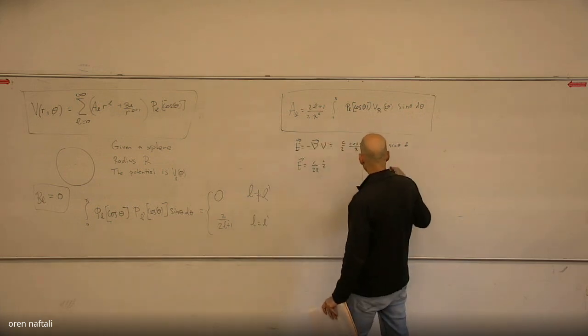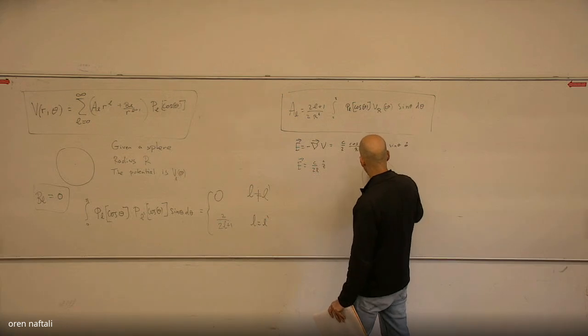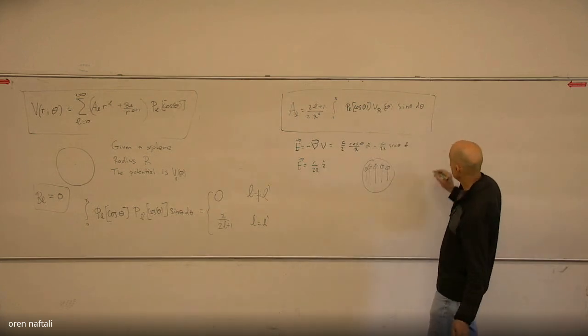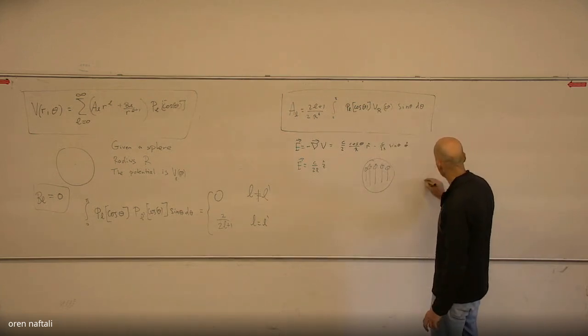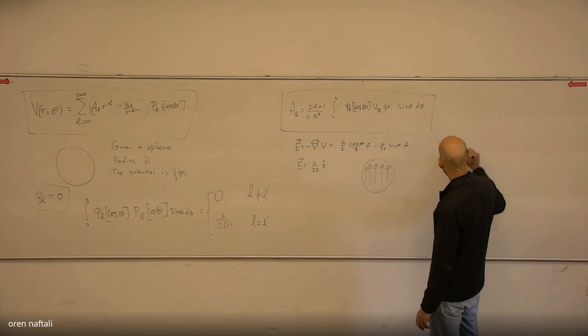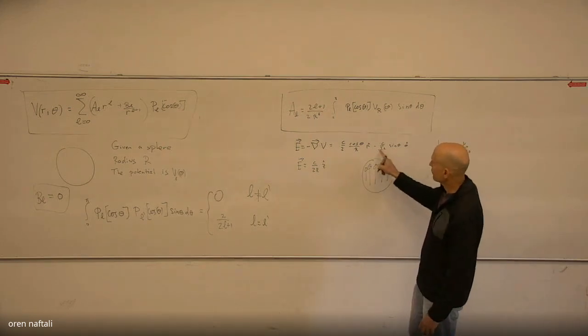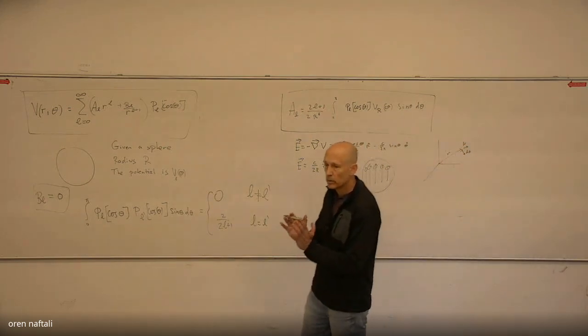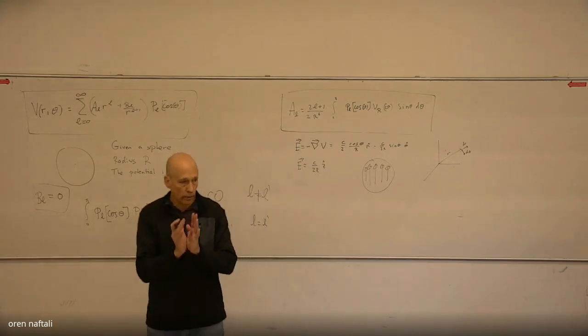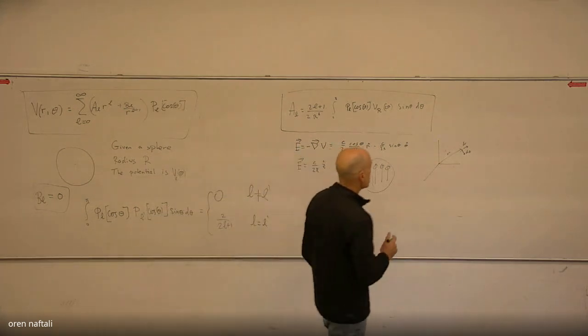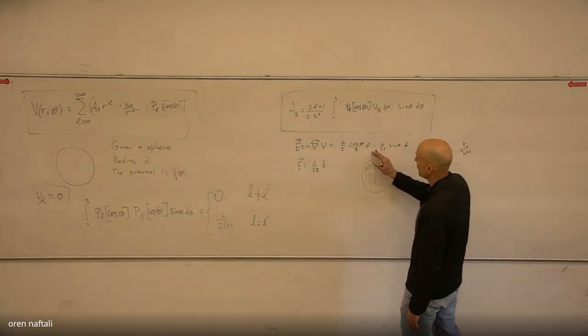So what we have here from the point of view of the field is simply a constant field inside. Just to give you some intuition, here I have r, here I have dr like that, and here I have d theta like that. And because I have sine and cosine here, when you calculate where it is actually directed, it is directed in the z direction with the minus sign.